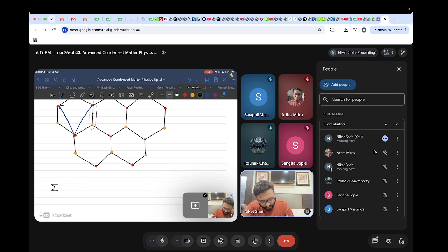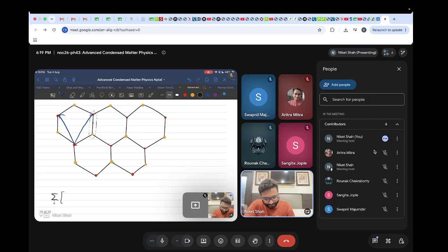Sum over I, where I is the index of all the unit cells. So I'm taking a sum over all possible unit cells.